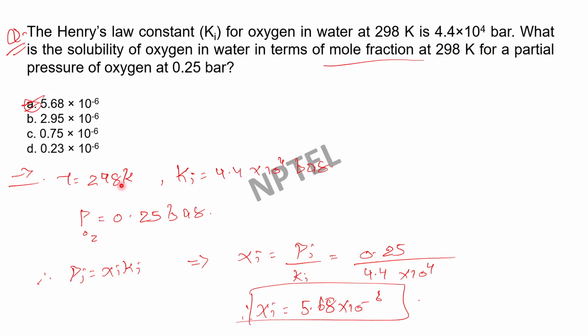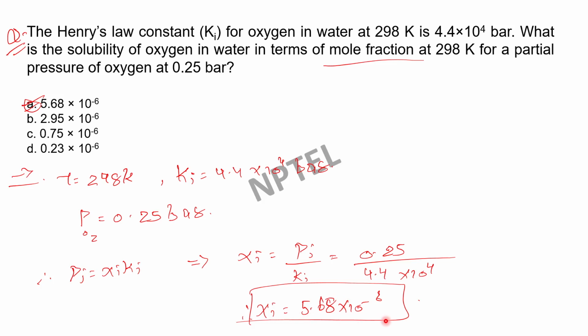We have been given the temperature, the Henry's law constant and the partial pressure of oxygen, that is 0.25 bar. So xi is equal to Pi by Ki. Partial pressure of oxygen is 0.25, and the Henry's law constant Ki is 4.4 into 10 to the 4. We can find the mole fraction of oxygen in water: xi is 5.6 into 10 to the minus 6.